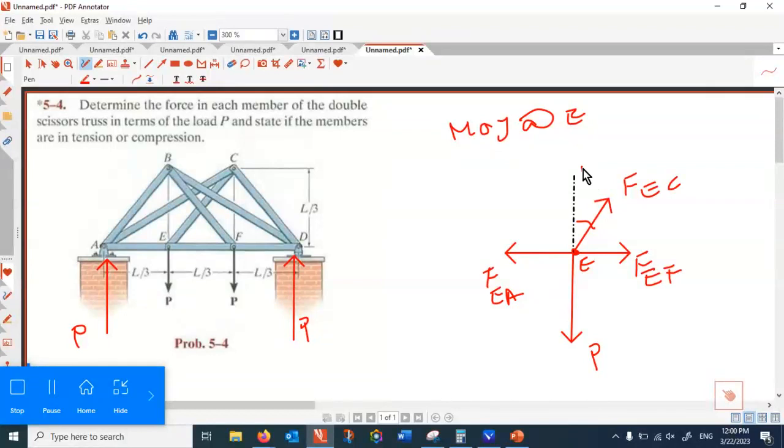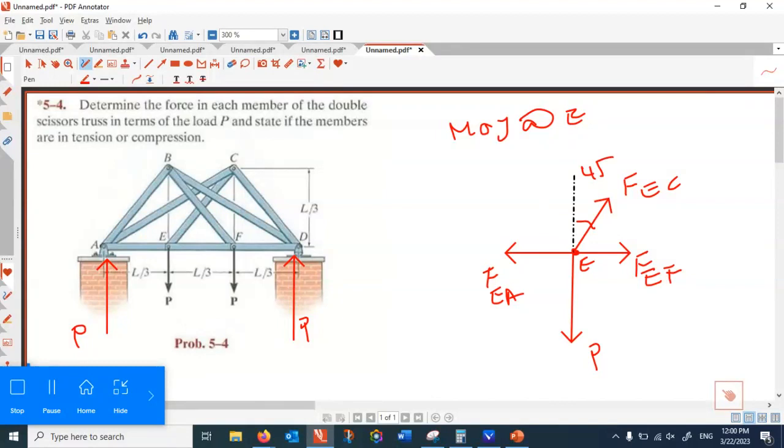Yes, because FEC cos 45 plus FEF is equal to FEF. Well, this is not fully solvable, but it is solvable enough to break the challenge.